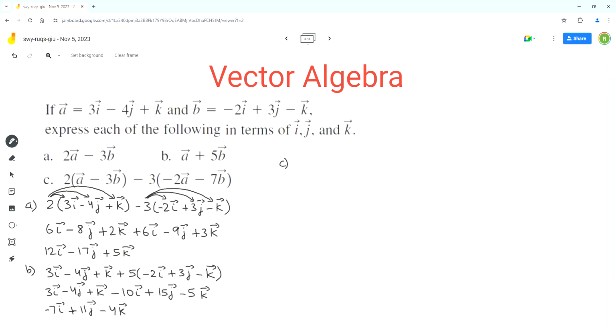Now for part C, the first step is to simplify the given expression. So in the first step, we should distribute the 2 and the negative 3 into the parentheses.